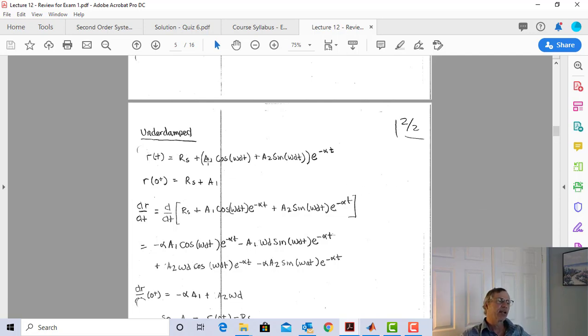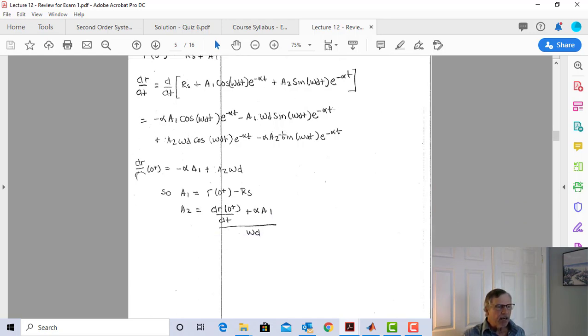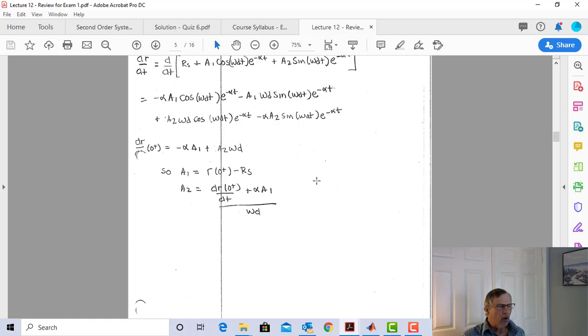And here is our general equation, where we have our steady state value, of course, or our t equals infinity value. We get our omega d from our characteristic equation. And you'll see this in, it's actually lecture 3, I believe. Here's the math, but here is what you want to do on the exam.